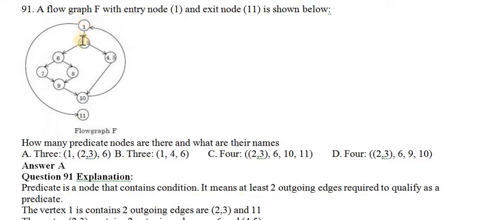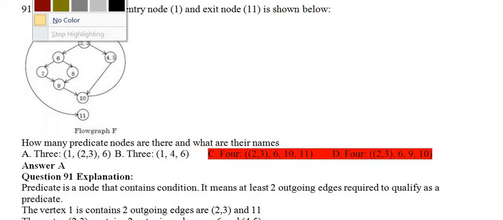Yes, from 1 to 2, 3 it is going, and also from 1 to 11. So one of the predicate nodes is 1. Node 1 is present only in options A and B, so let us assume we can skip this one.